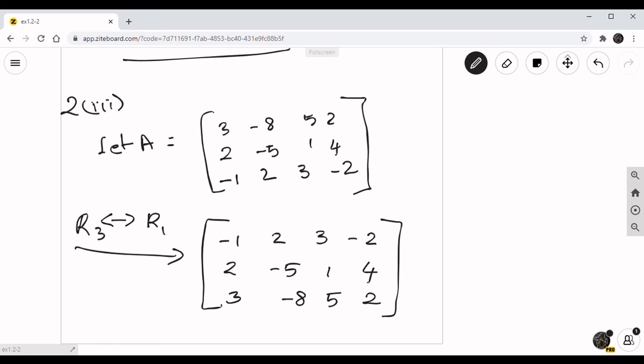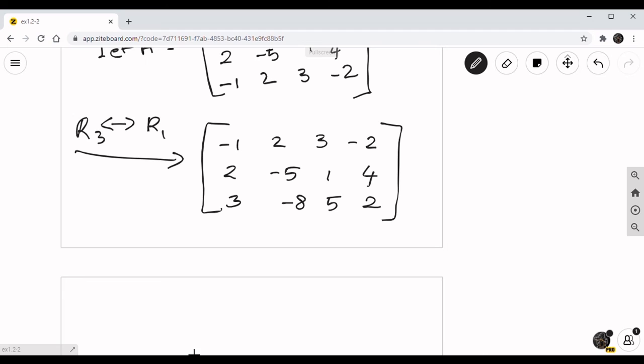The change is done. Why are they doing this change? Because it has the term 1 there, and if it is on the top, the other things can be made into 0, and you can easily acquire the echelon form.